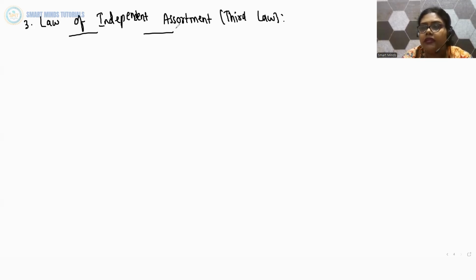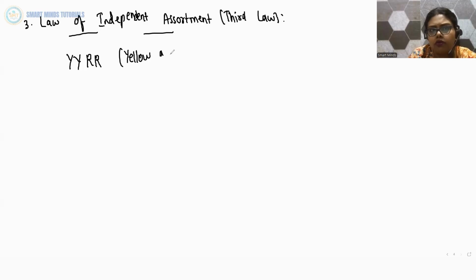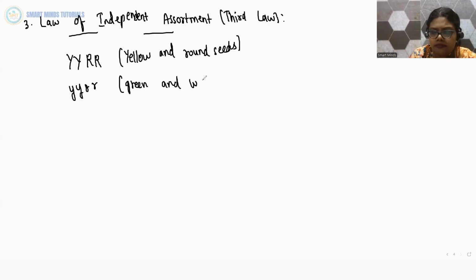So let me give you the details of the dihybrid cross, P generation. Mendel crossed two pure breeding pea plants, one with yellow and round seeds, that is represented by capital Y, capital Y, capital R, capital R, and the other with small y, small y, small r, small r, that is green and wrinkled seeds.